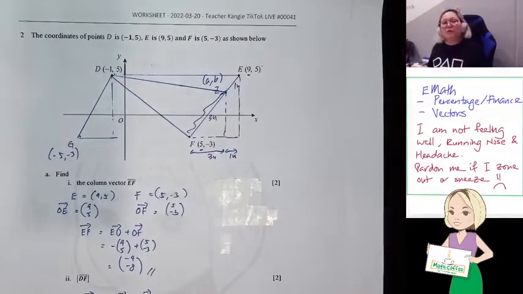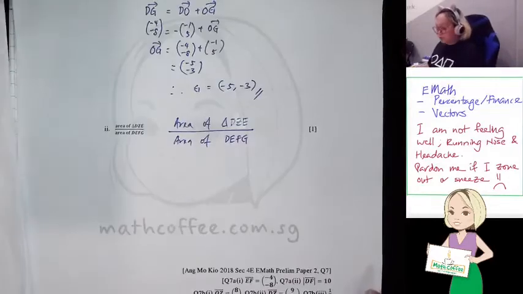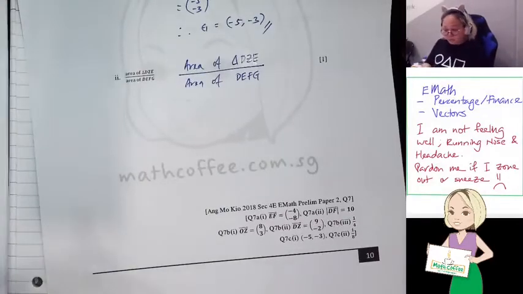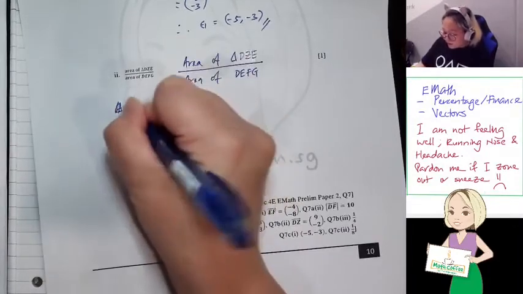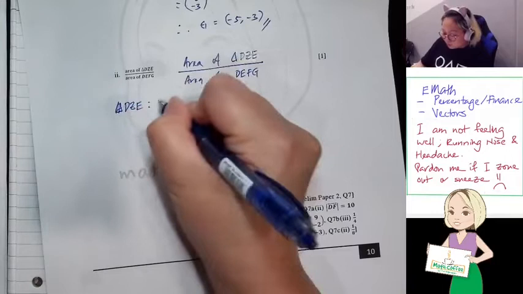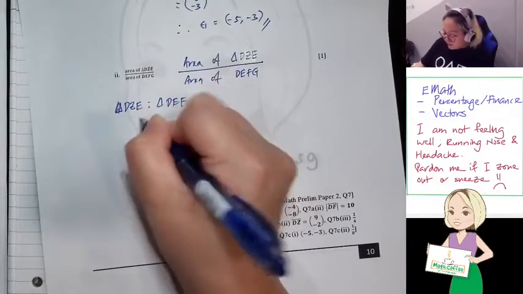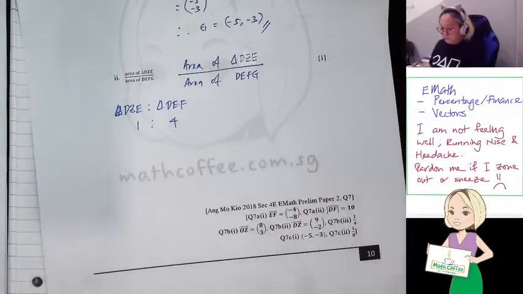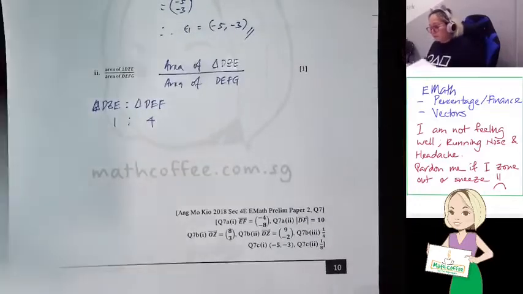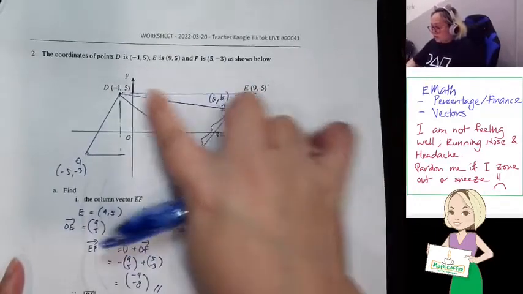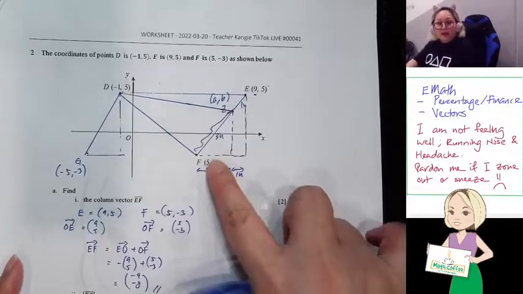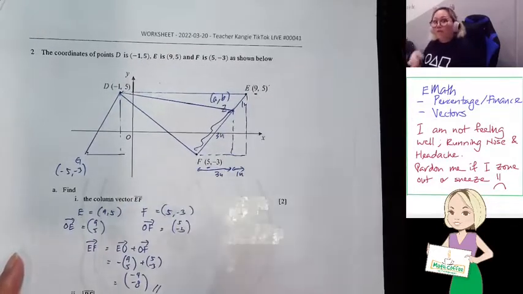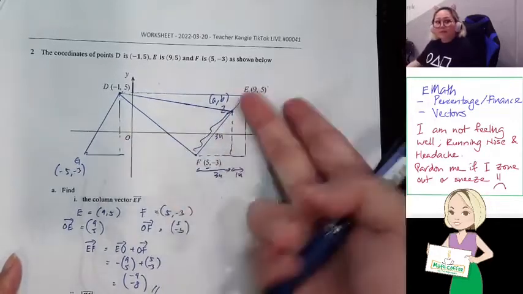Actually, we can refer to what we did just now. If you recall, we had triangle DZE to triangle DEF as 1:4. This was 1, and this whole thing is 4, correct? DEF was 4 units, and for a parallelogram, it simply means it's double.